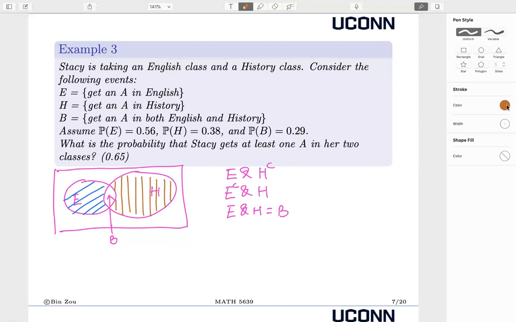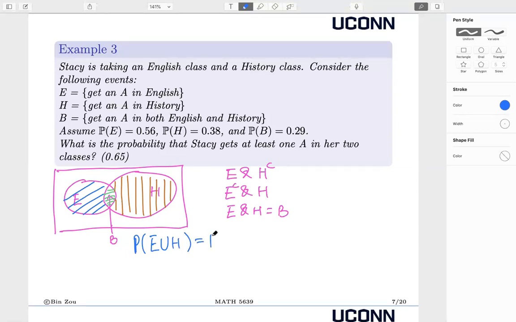And finally, the last one, let's pick this color. This is the joined part, right? So we are trying to calculate the probability for all shaded areas, right? So this is basically to say we are trying to calculate the union. Right, that is exactly the definition of union.